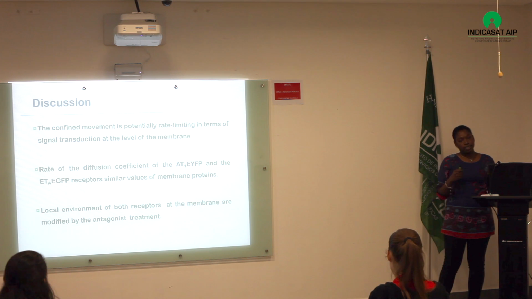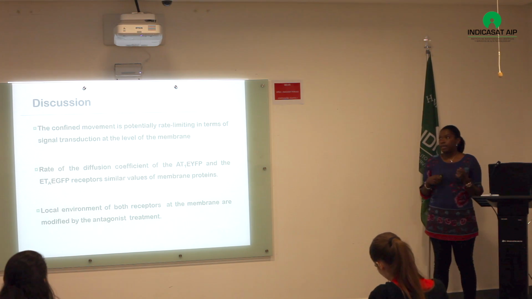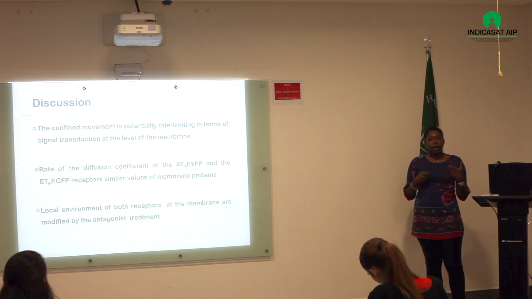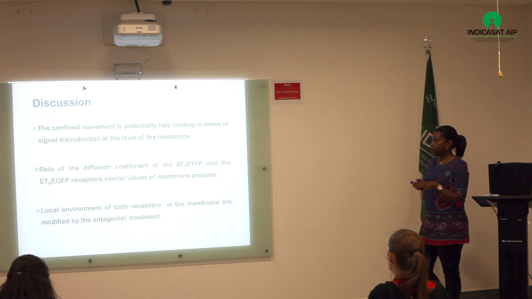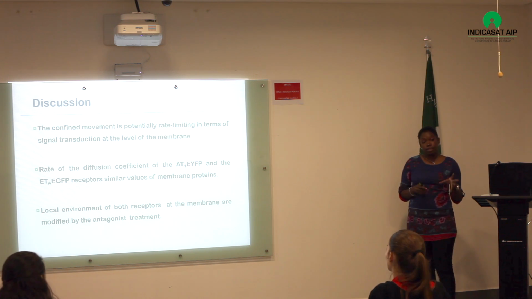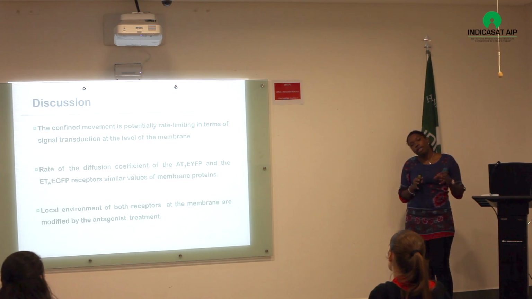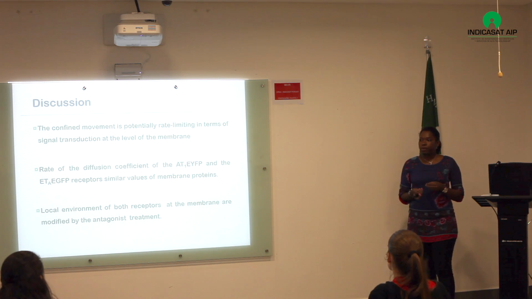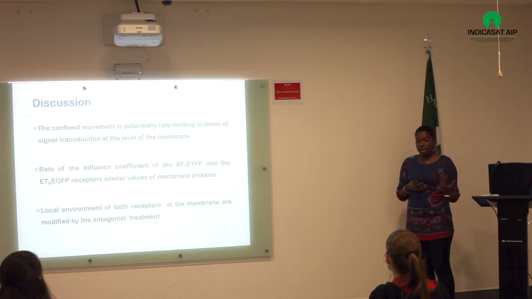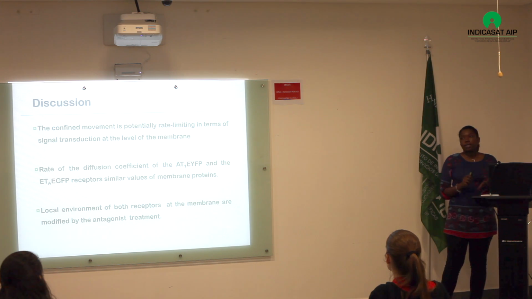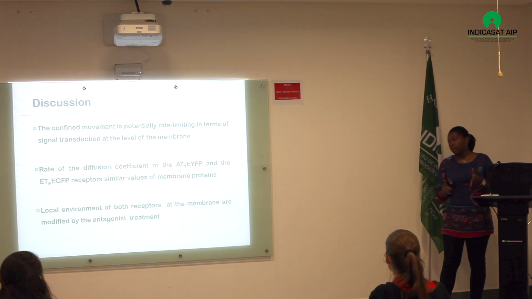How this is affecting it has to be argued, because the confinement of the receptor is thought to occur because the molecules are moving within microdomains or interacting with different lipids, proteins, or with the cytoskeleton that are part of the plasma membrane. So we observe that this type of drug is affecting the local environment of these cells.